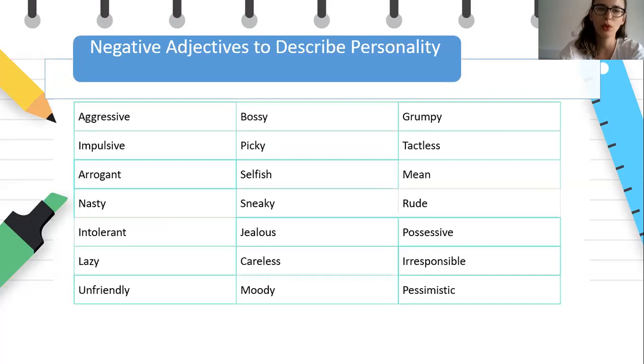Now, let's move on to the negative adjectives. Aggressive, bossy, grumpy, impulsive, picky, tactless, arrogant, selfish, mean, nasty, sneaky, rude, intolerant, jealous, possessive, lazy, careless, irresponsible, unfriendly, moody, pessimistic.